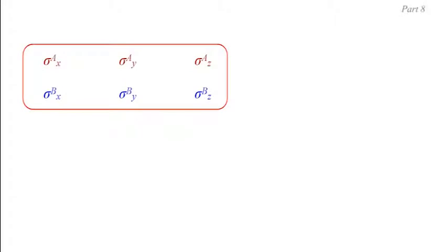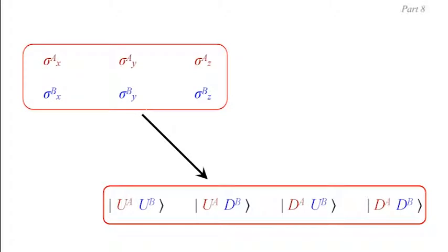And fourthly, we need to understand that the new sigma matrices can act on these 4 states, but the A matrices can only affect the A part of the state, and the B matrices can only affect the B part of the state. Any multipliers, of course, that are created go outside the whole ket for the state.